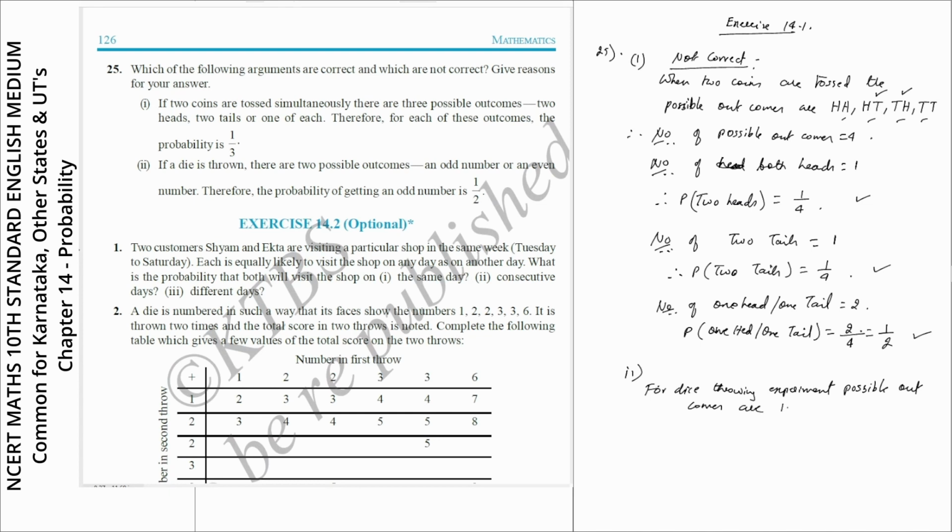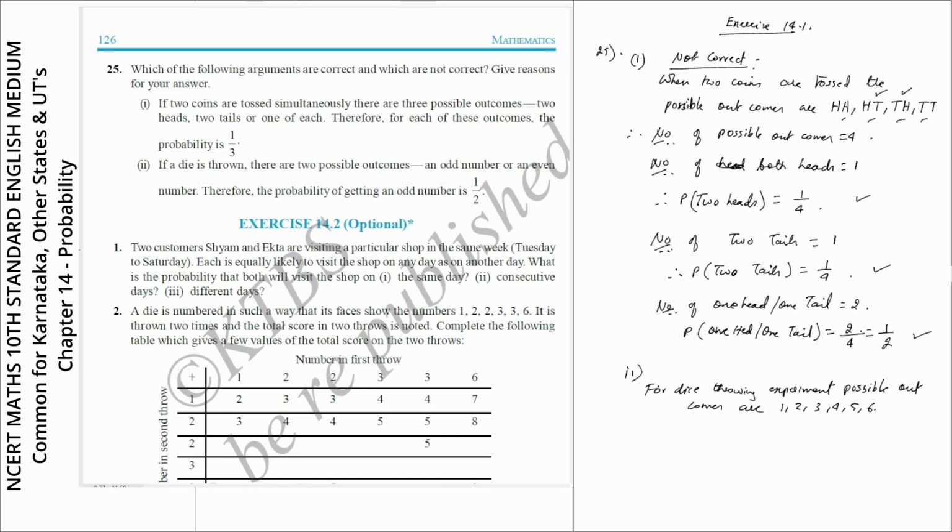The possible outcomes will be 1, 2, 3, 4, 5 and 6. And the probability of getting an odd number or an even number is 1 by 2. That's the given data. They are asking whether it is correct or not.